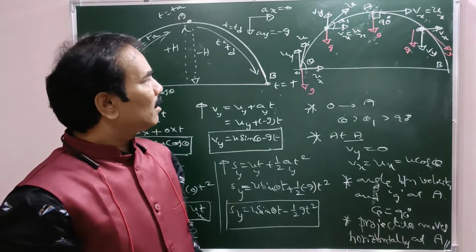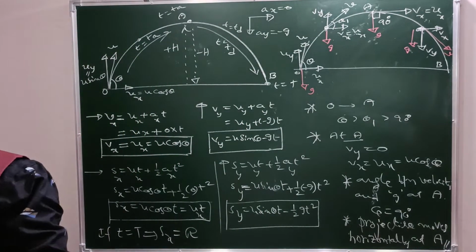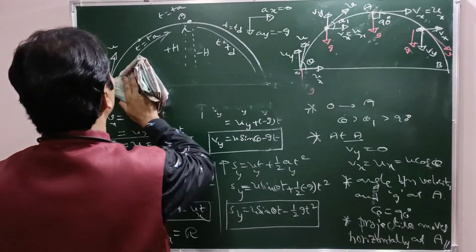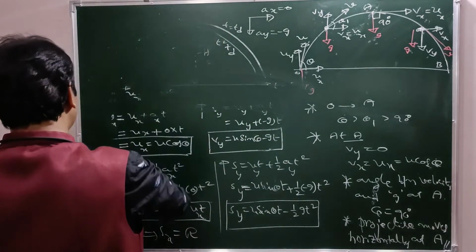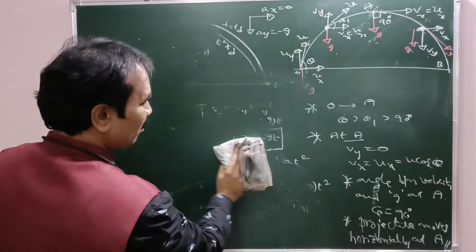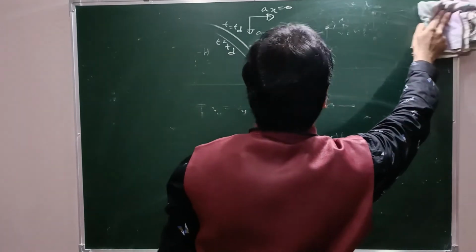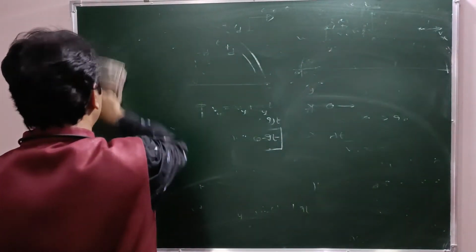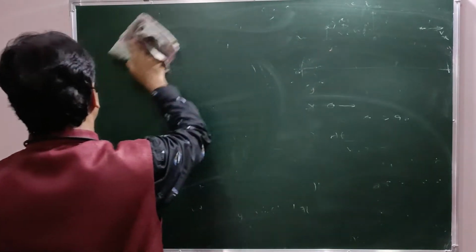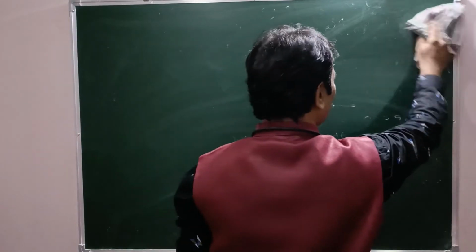Okay. Now let us see one numerical based on all these points. Suppose a body is projected with some initial velocity, 50 meters per second, in a direction making an angle 53 with the horizon.